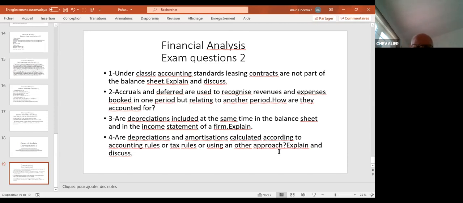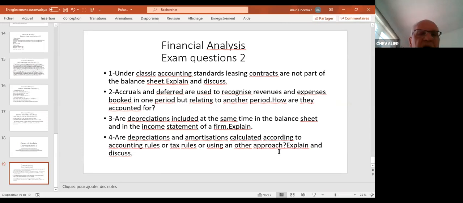Question 1 is about leasing contracts, which are not part of the balance sheet. Two or 3 points here. First one is that if you come back 5 or 6 years behind us, let's say 2015, which is not so far, you will understand that this question was not raised. Leasing contracts were not taken into account in the balance sheet because the balance sheet was based on the ownership principle.